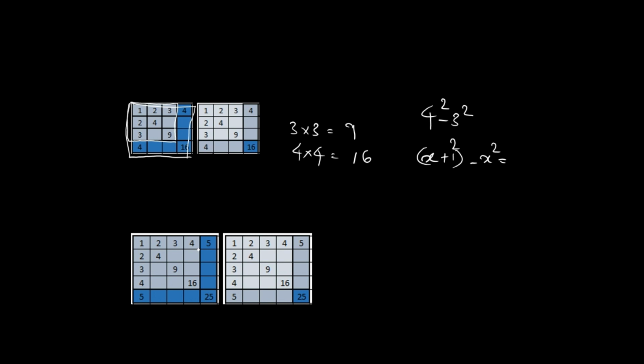So x square, that is a square, plus 1 square, which is 1, plus 2ab, that is 2x into 1, that is 2x, minus x square. We know this x square and this x square sum to 0, because one is plus x square and the other is minus. So finally what you're getting is 2x plus 1.